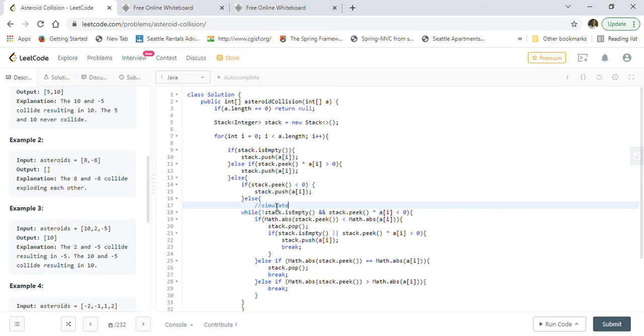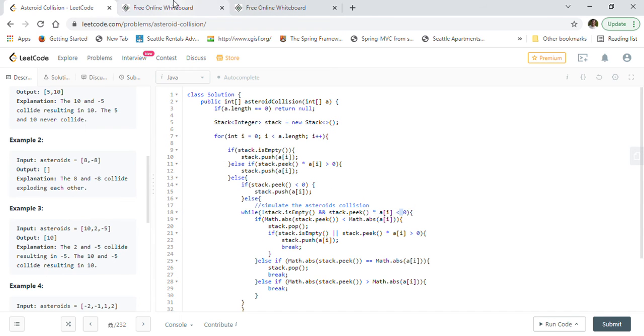Else we will simulate here. This while loop is basically to simulate the asteroid collision. So we will go through each and every element of the stack until the stack becomes empty, and if the top of the stack element into the current element is less than 0, right?